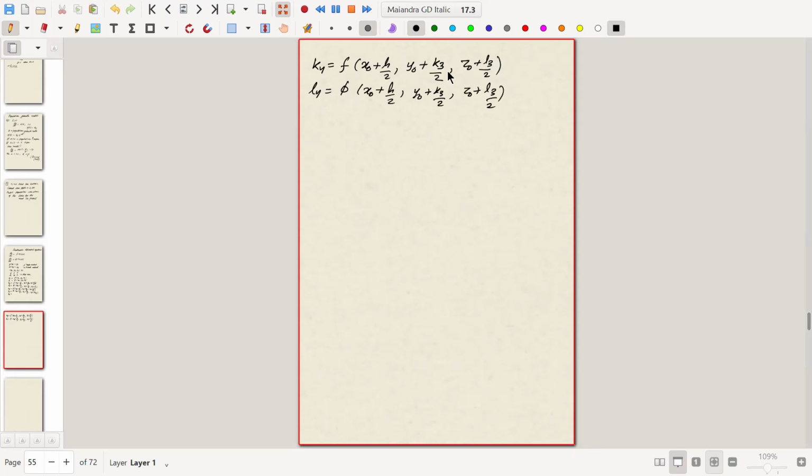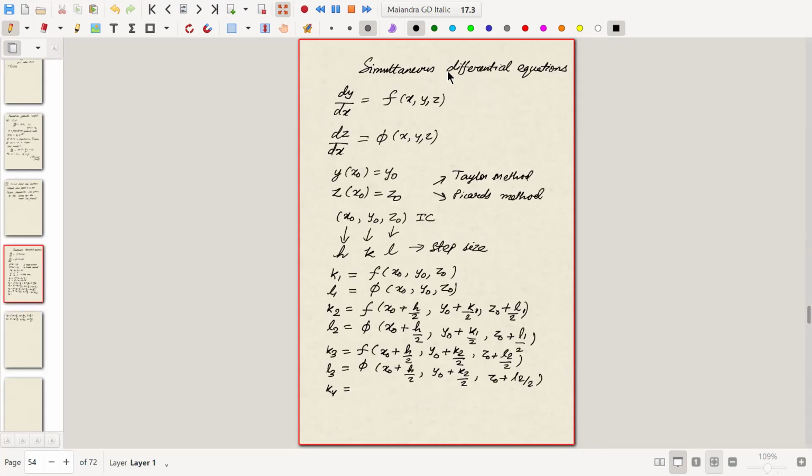Now you are ready to find the yi and zi's. So we find y and z because they are varying, they are getting differentiated with respect to x.